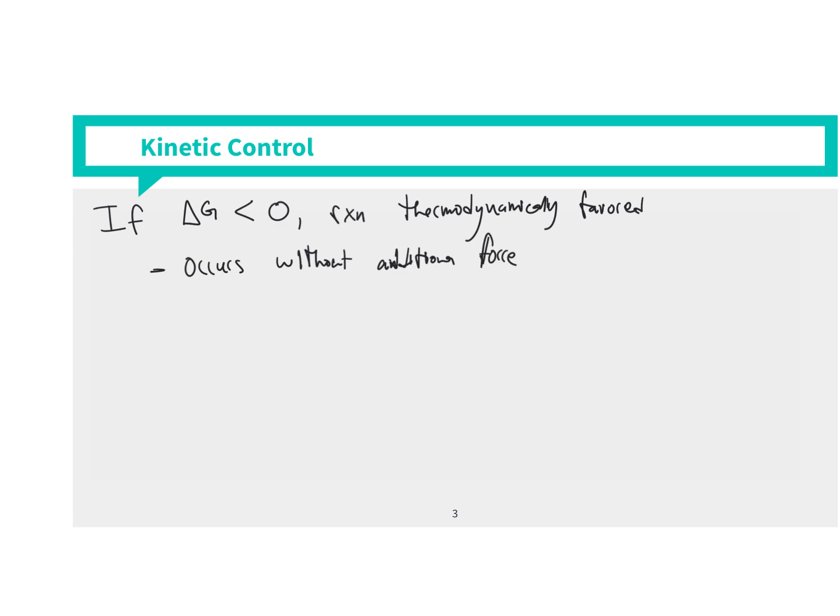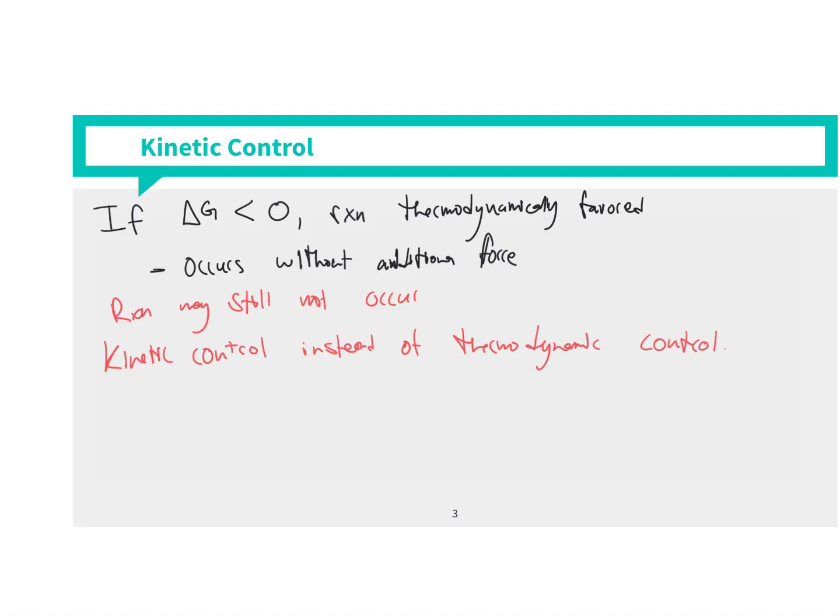But despite that, the reaction may still not occur. And the reason for this is because the reaction might be under what's known as kinetic control instead of thermodynamic control. And I'll explain that a little more in the next slide.